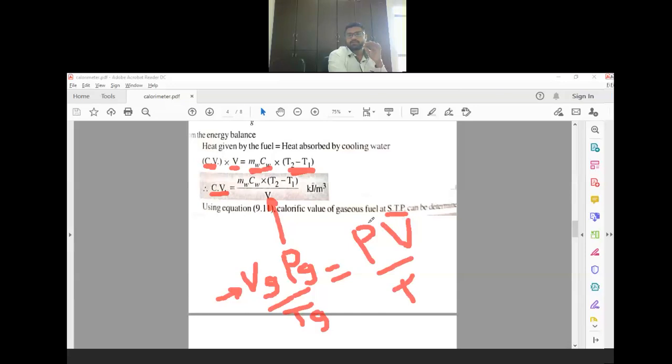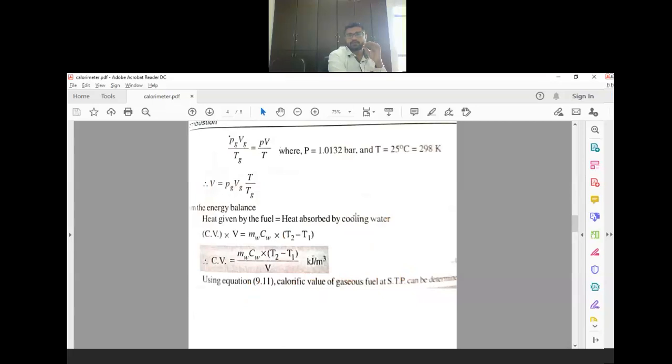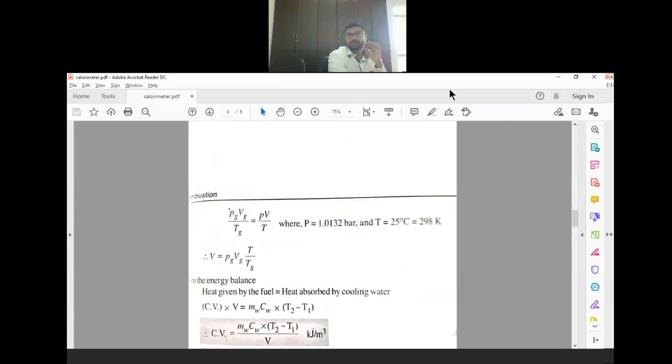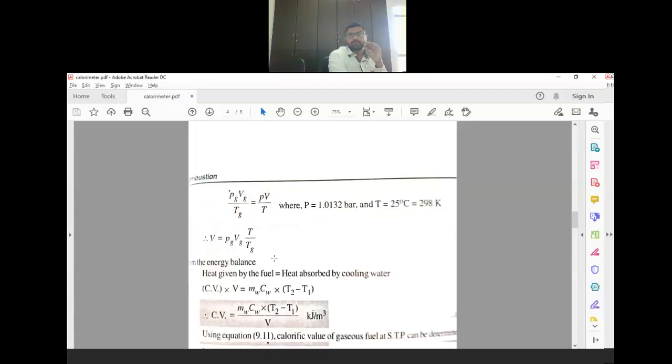For pressure, you need to take atmospheric pressure. Here Pg means the pressure that you measured, and the volumetric flow rate and temperature you measured, but you need to convert this volumetric flow rate to this pressure and this temperature. So this is how you can find the volumetric flow rate and put that value here. This is how you can measure the calorific value.